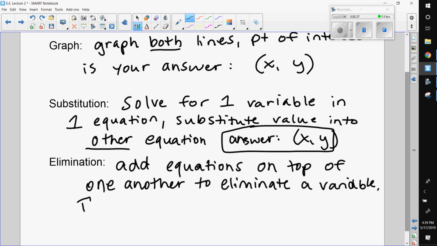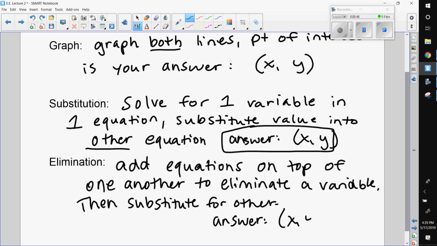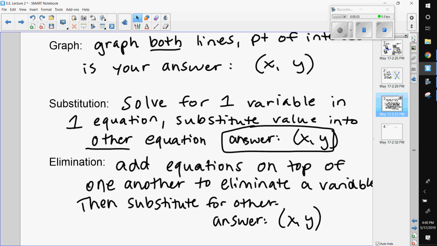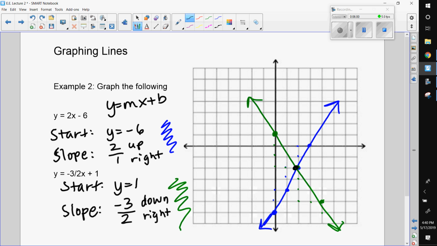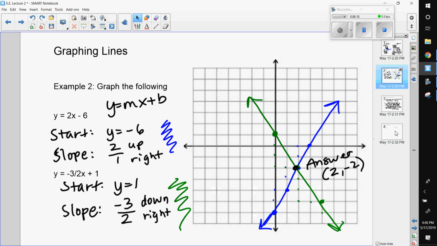Then you'll have to use substitution here anyway, to substitute for the other, so that you still get an answer that's x comma y. Okay, and we'll look at two examples of these. I'm not going to do a graphing one. Essentially, the one before was a system where your answer would have been 2, -2 for these two equations to graph them. So I'm not going to do one of those.